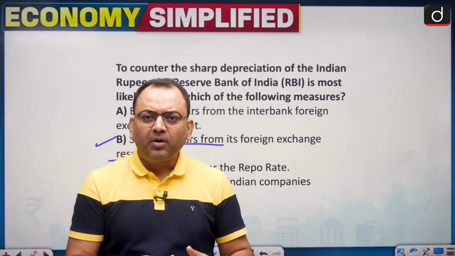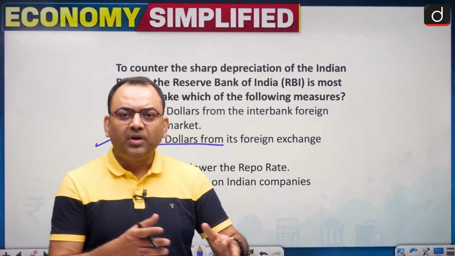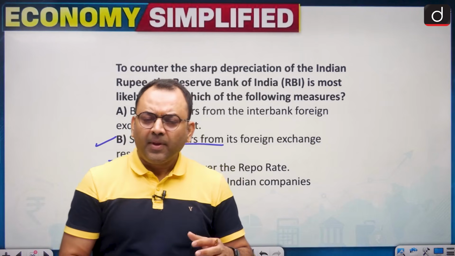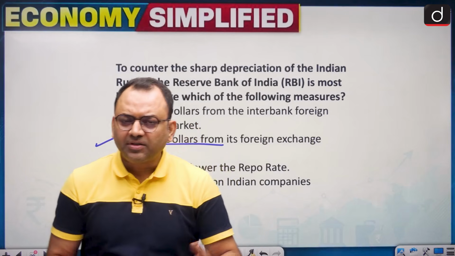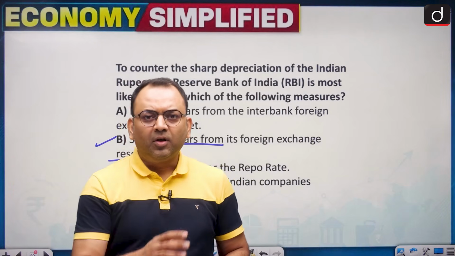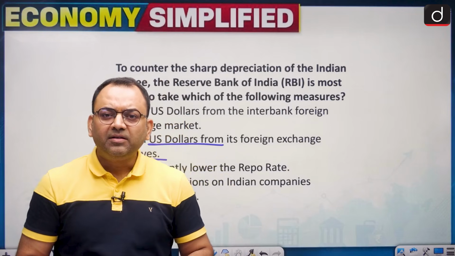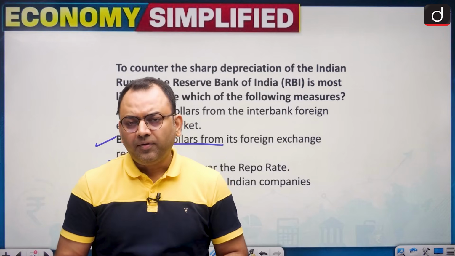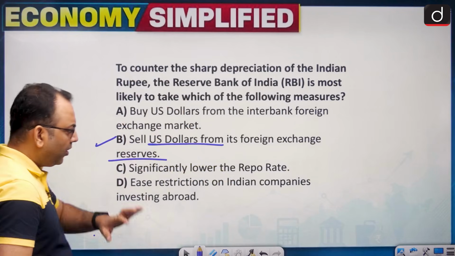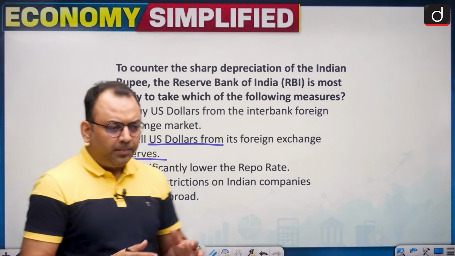As a result, the rupee will not depreciate as much as it was earlier, right? So friends, whenever the rupee depreciates, RBI sells dollars in the market to check the rupee depreciation by increasing the supply of dollars. Friends, this is all about rupee depreciation and appreciation.